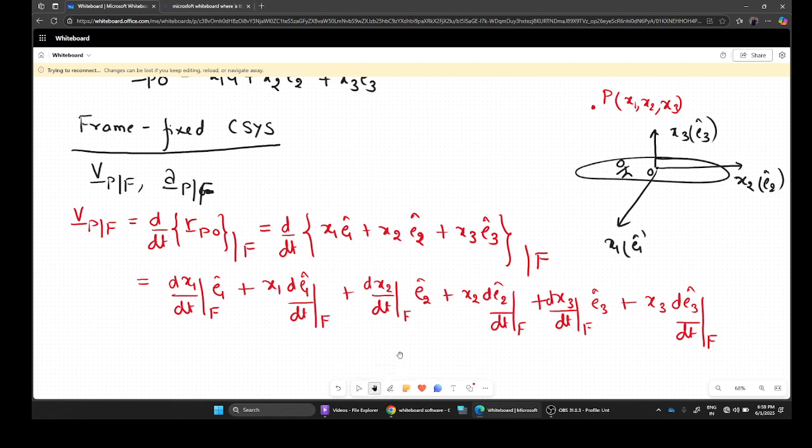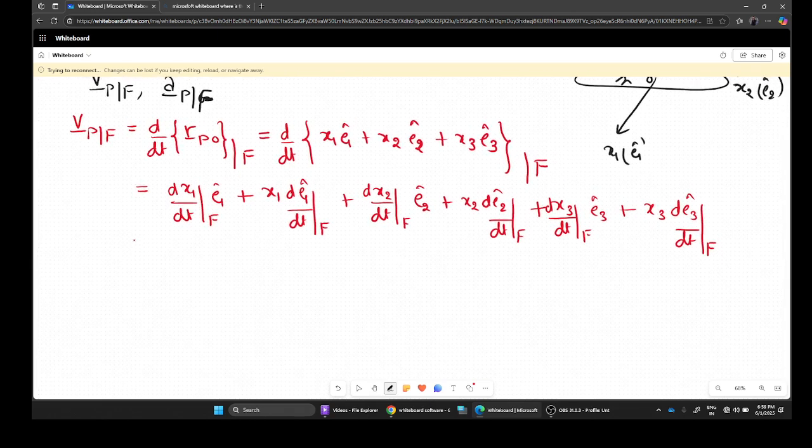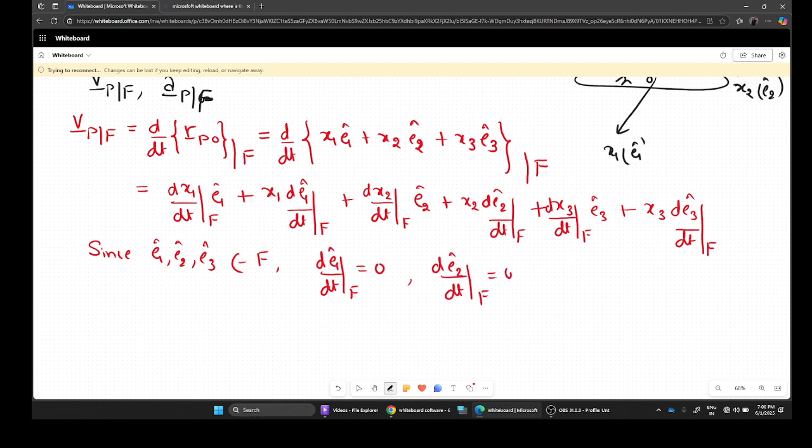Having written these terms, I realize that since E1, E2, E3 are all fixed in F, the derivatives of these unit vectors must be 0. After all, the coordinate system itself is frame fixed.